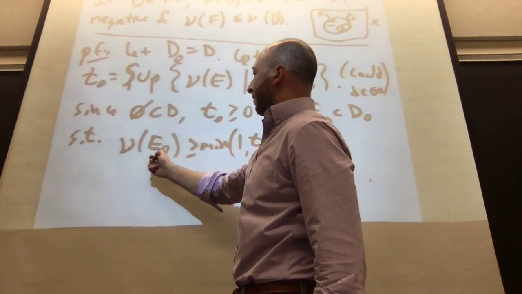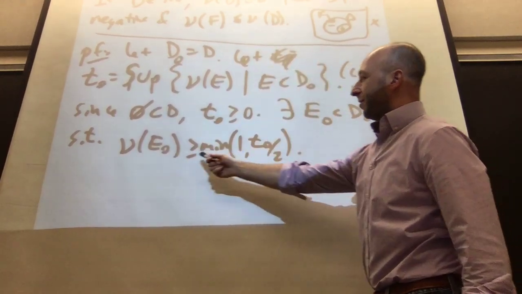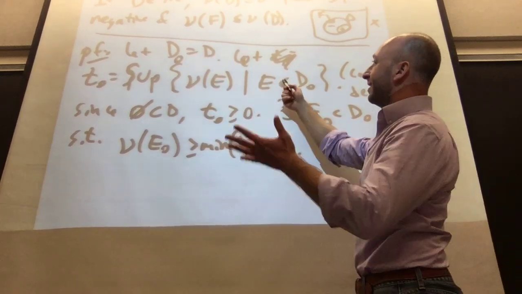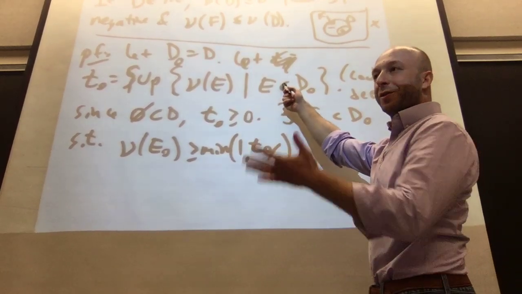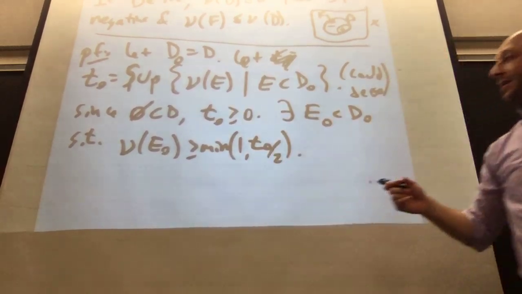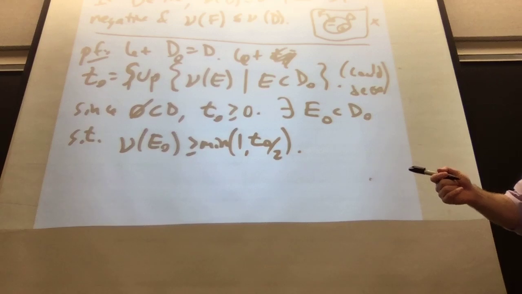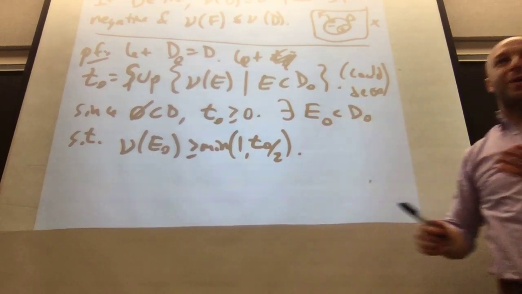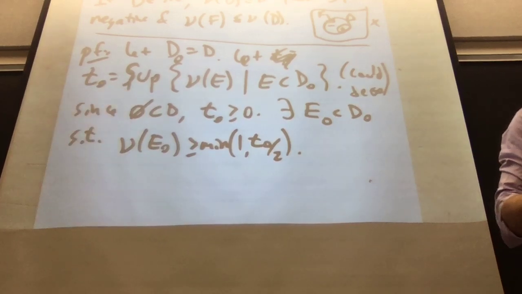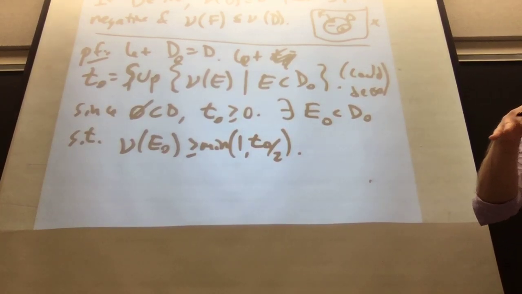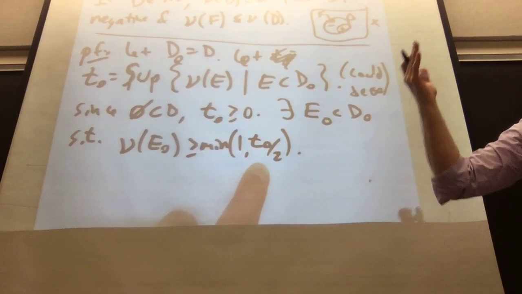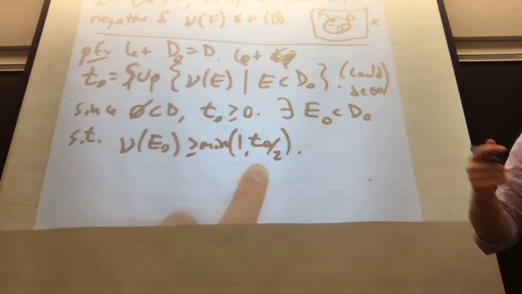So I'll find an E0 which has mu at least T0 over 2, because T0 is the supremum, so anything approaching the supremum. This could be 0, in which case that's fine, just take the empty set. But this is getting towards the largest positive set that we have in D. This is a supremum, so there's not necessarily an E0 that has measure T0, but there's certainly something that gets close to T0, like T0 over 2. It's close enough for our purposes. Okay?